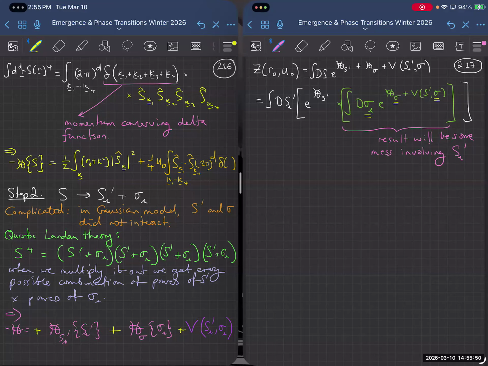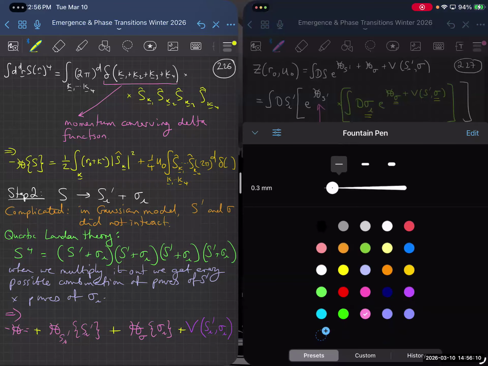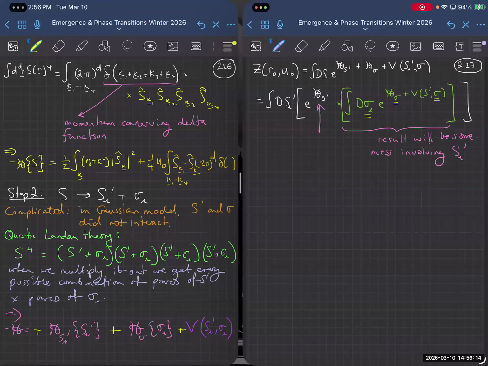It's going to involve the long wavelength degrees of freedom. And that big mass is then going to add to the part where the long wavelength degrees of freedom are just on their own. Okay, so that's the strategy. So we're going to have to now compute the functional integral in green. So let me now write down the steps, and then we're going to do these steps one by one.